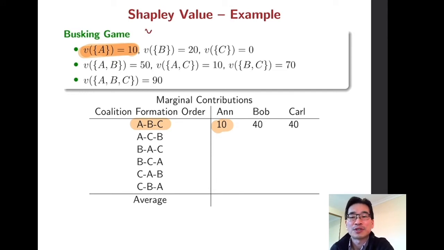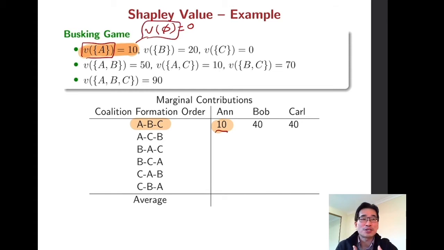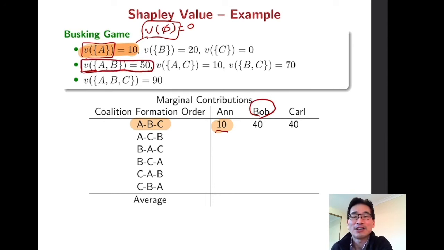We can say the value of the empty set is 0, so the difference between V of A and V of the empty set is 10. And after which, Bob joins. So now we have to consider the difference between the value of AB and the value of A. The difference is now 50 minus 10, which is 40. So 40 should go to Bob.